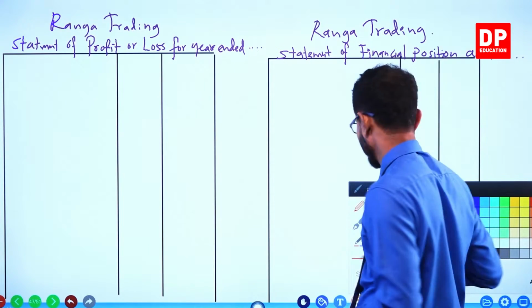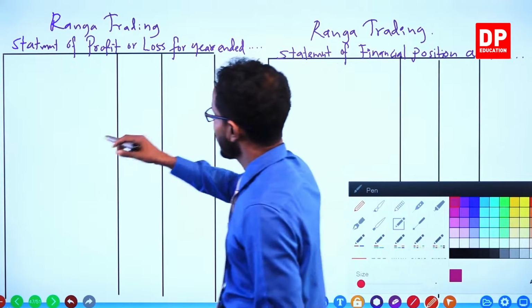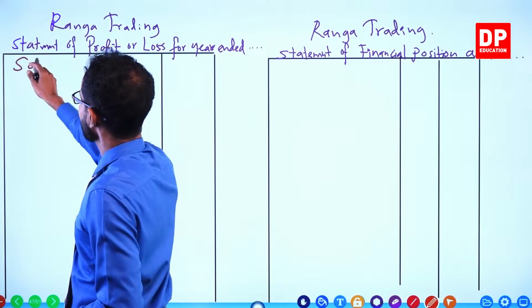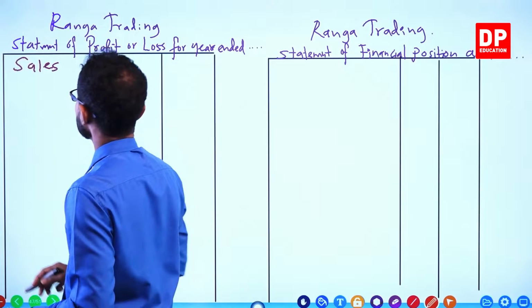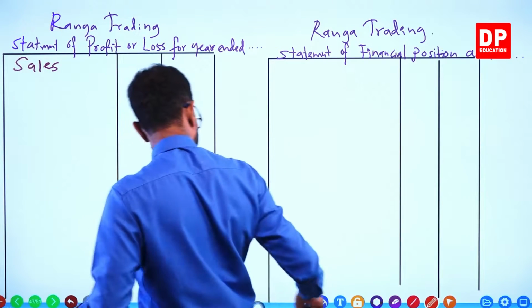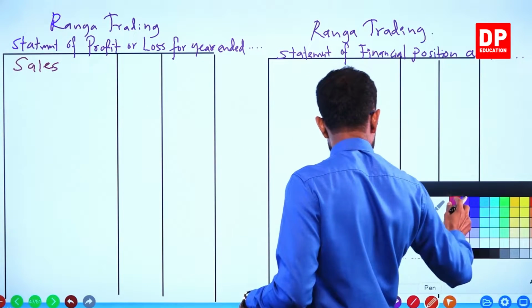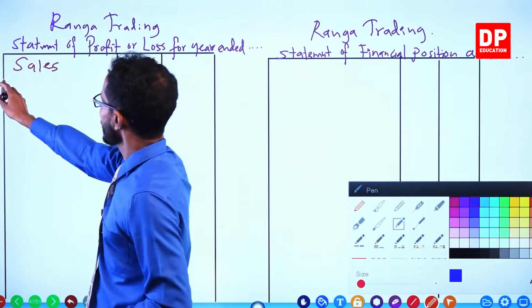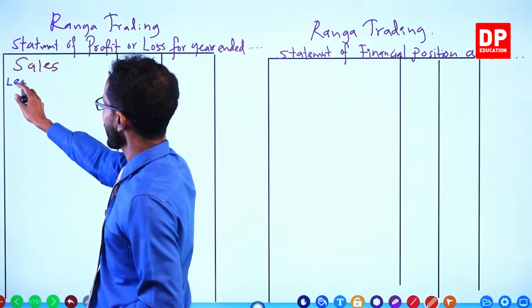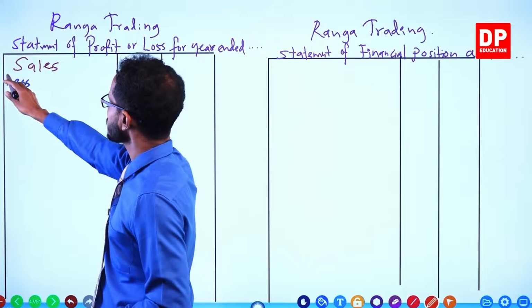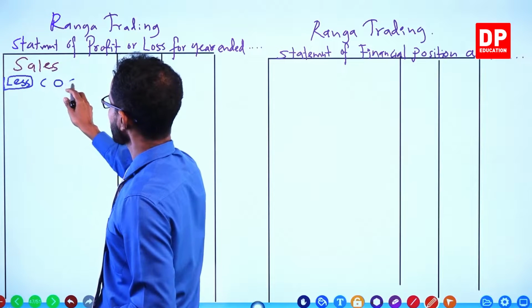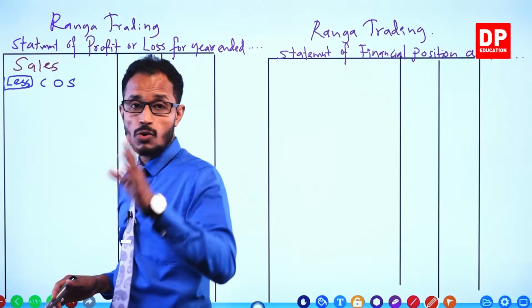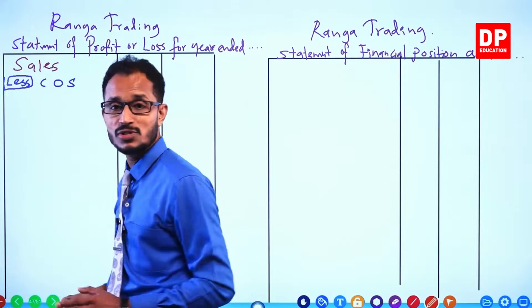Hope you got it. So let's fill in the main headings first. Sales should be on top, and from that you should minus what? Less cost of sales. Write your headings. I'm just going to use short forms.